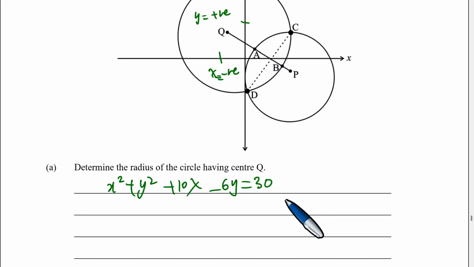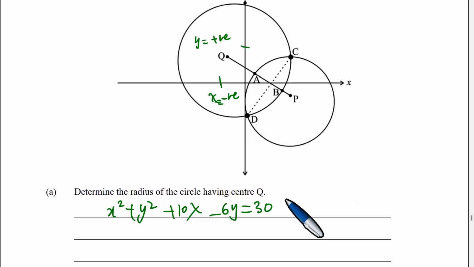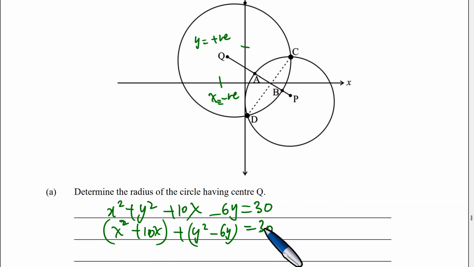Okay, we need to complete the square to find the radius. How do we complete the square? We group the x's and the y's together. So that is x squared plus 10x, plus y squared minus 6y, is equal to 30.